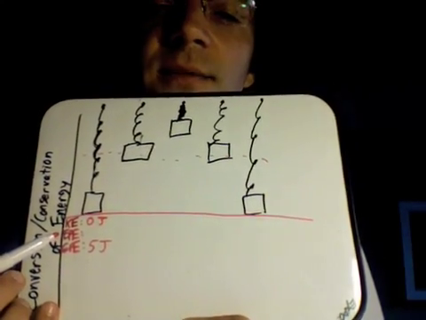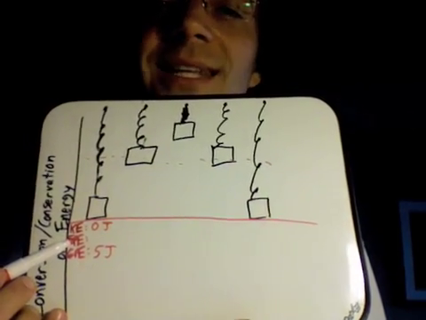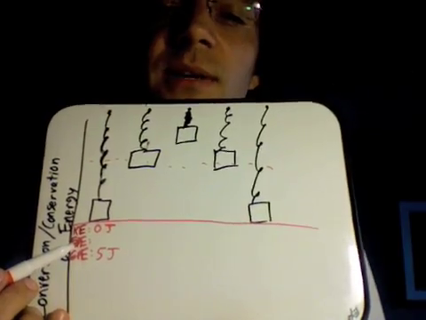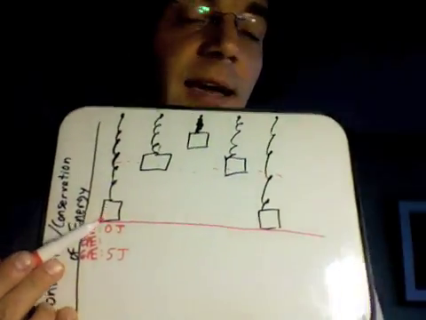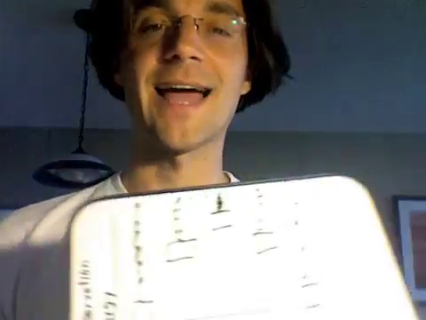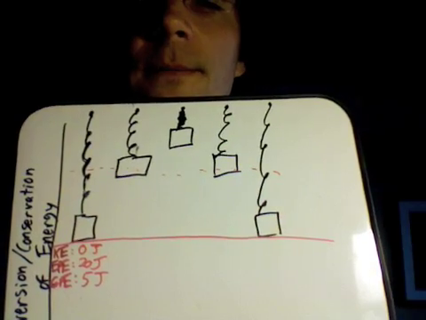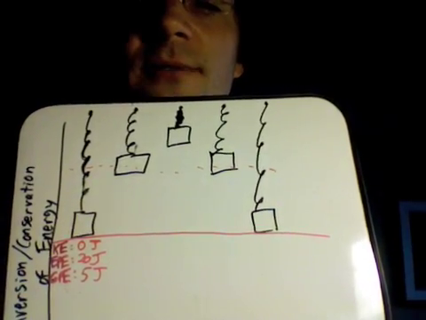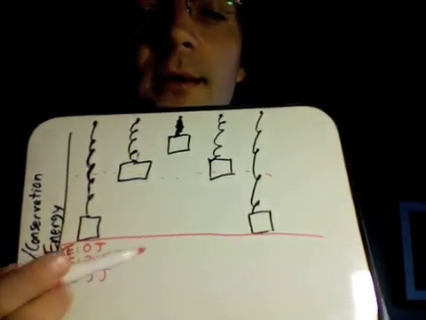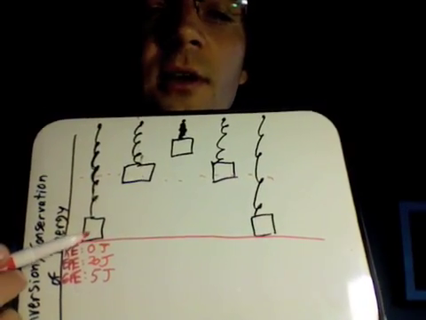EPE here doesn't stand for electric potential energy, it stands for elastic potential energy because the spring is stretched. And I'll tell you that it has 20 joules of elastic potential energy. So altogether, how much energy is there? That's right, 25 joules.